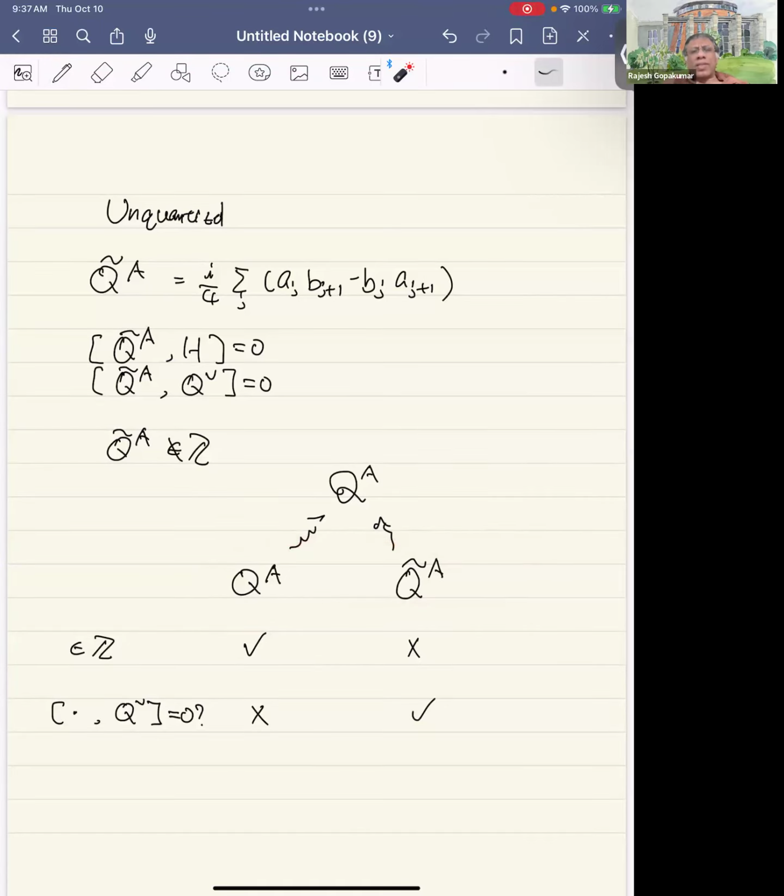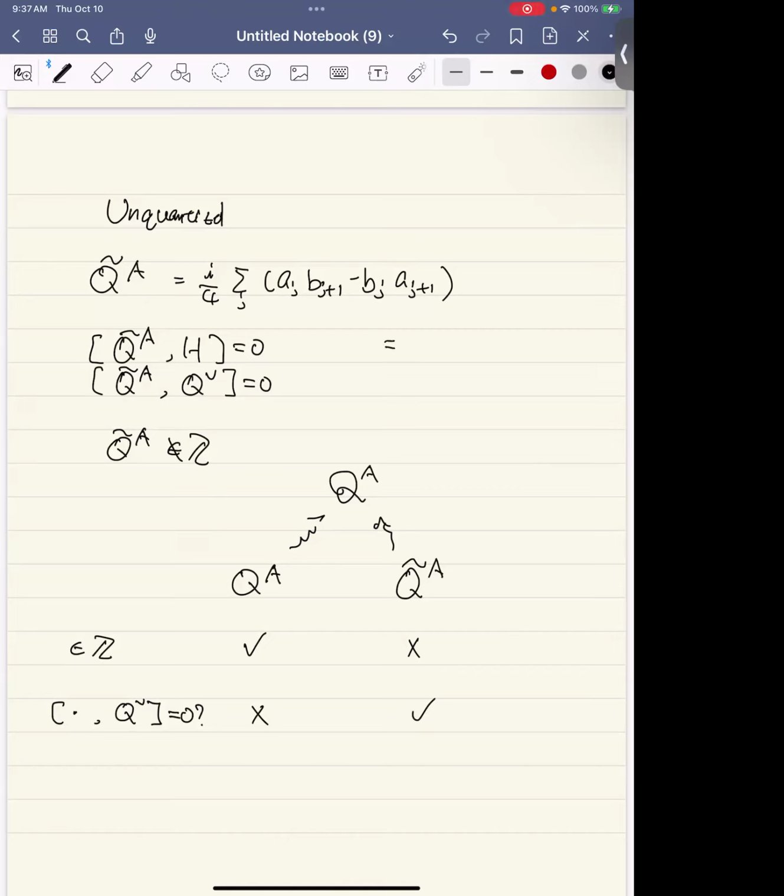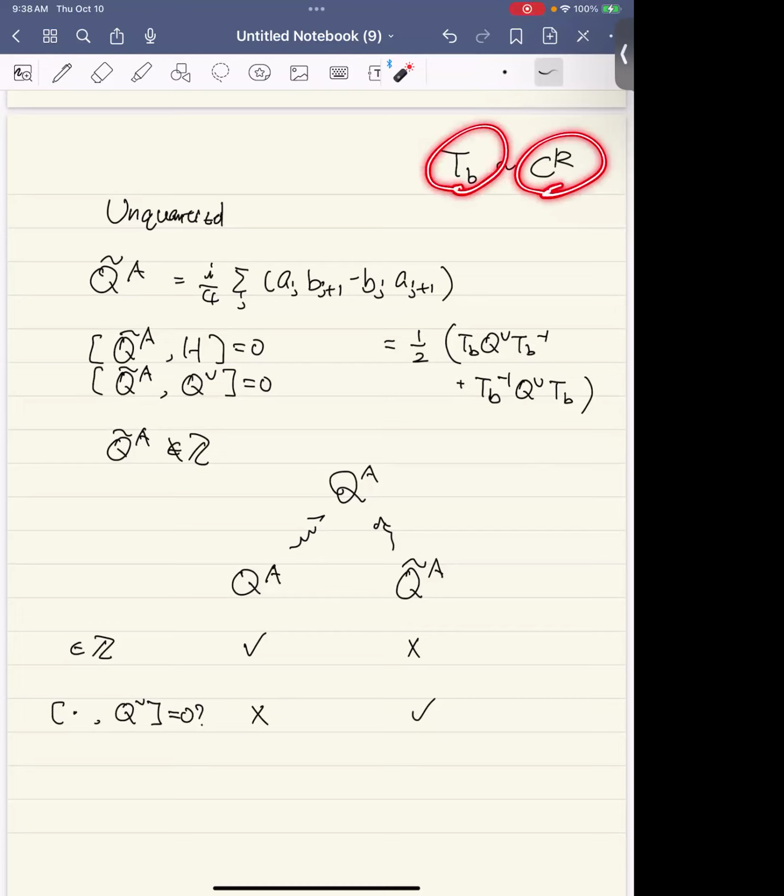So the difference was, if I remember, you only had the first term here in your chart, right? Yeah, and there's a factor of 2 here. I see. So this is like half of T_B Q_V T_B inverse plus T_B inverse Q_V T_B. When we identify T_B as C, it is an order 2 operator. T_B is not; T_B is lattice translation. It's Z or Z_L.